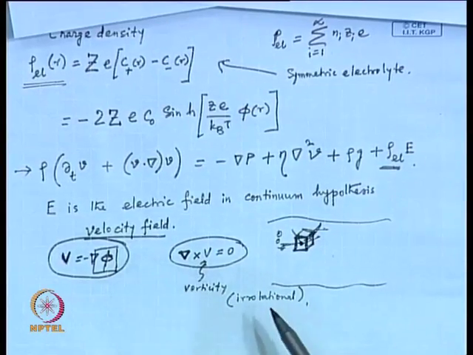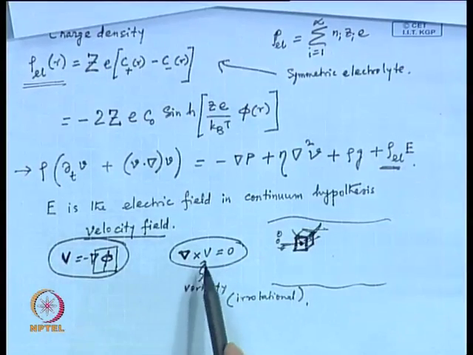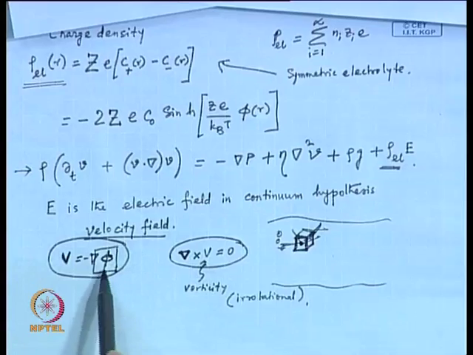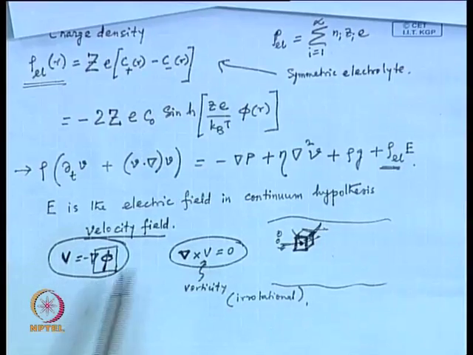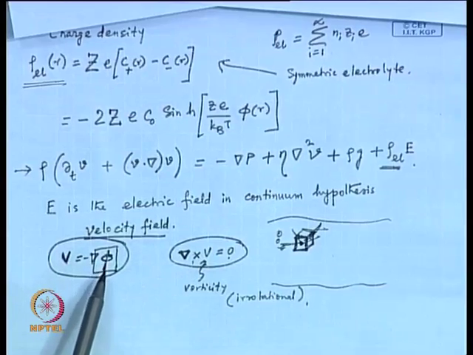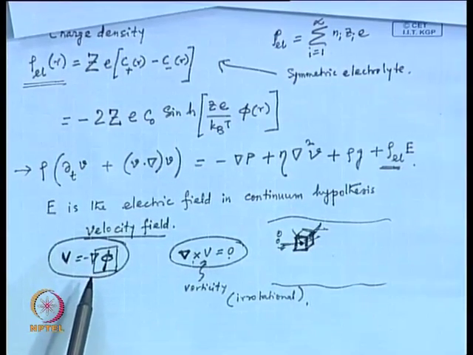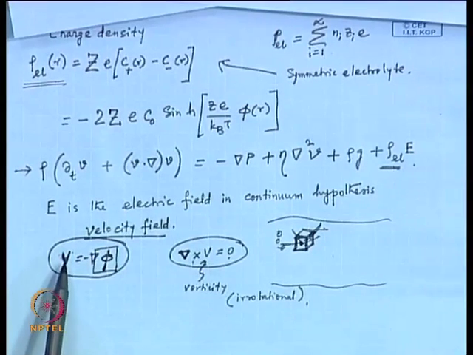One of the primary criteria for a velocity potential to exist is that the curl of the velocity field is equal to 0, because potential flow exists only if the flow is irrotational. That is how the velocity is defined, velocity is equal to minus del phi. All right.